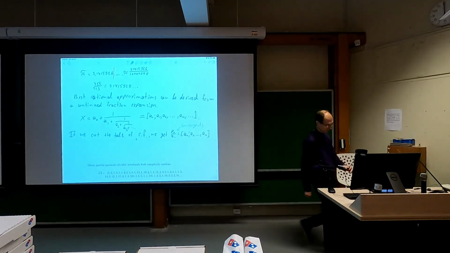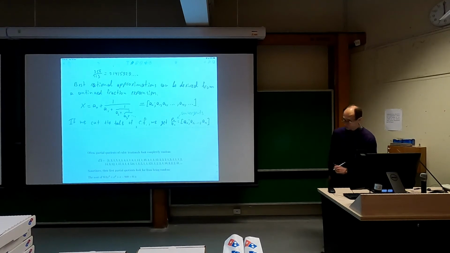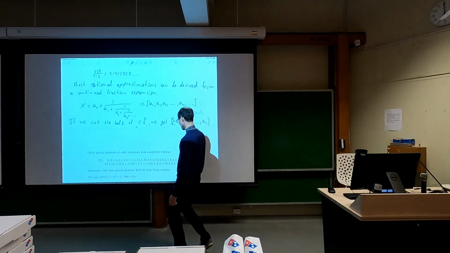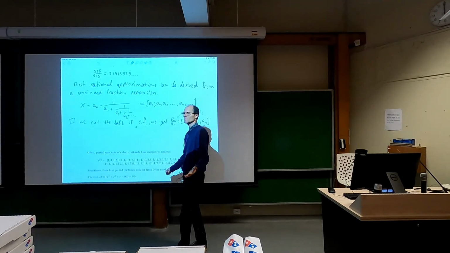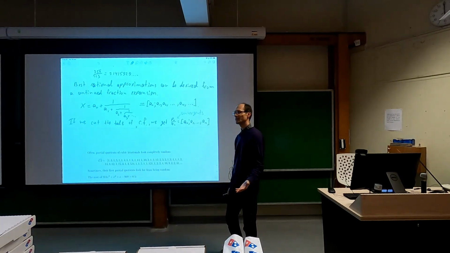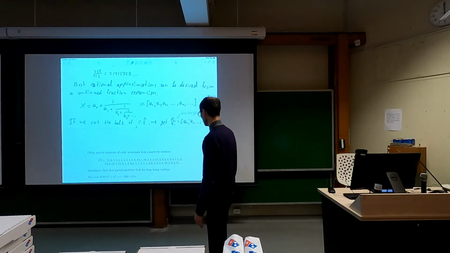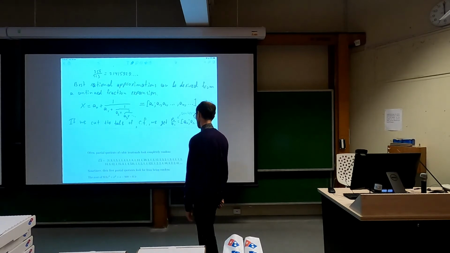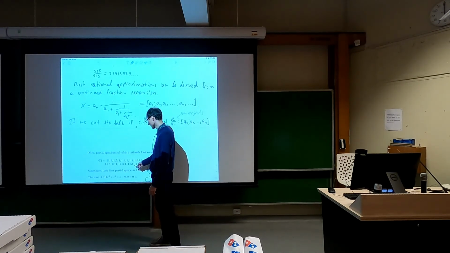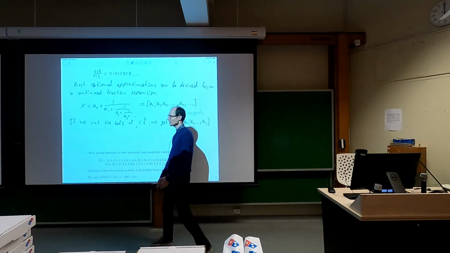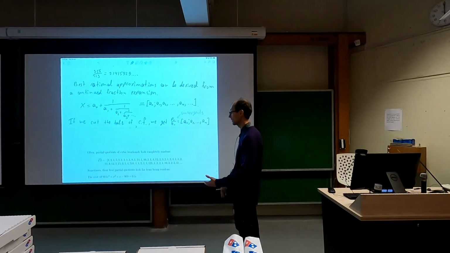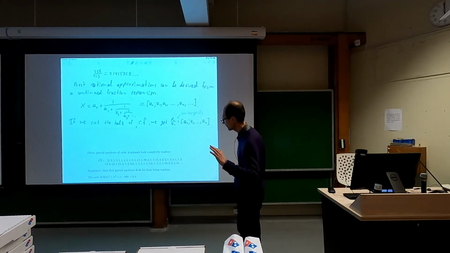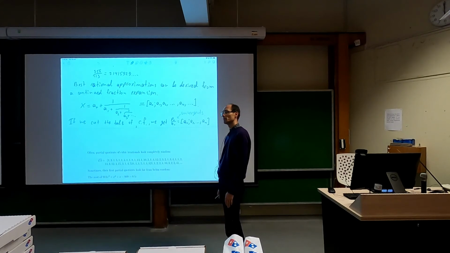So I provide the example for cubic root of 2 here. If you look at it, it looks pretty random, right? Well, maybe this number is a little bit big, but this is something you can see if you take a random real number.